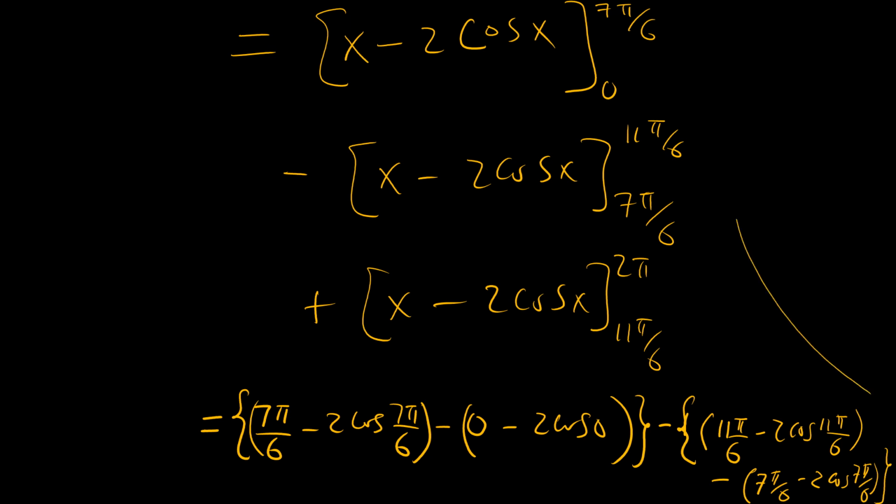Maybe let's bring it up here. Plus 2 pi minus 2 cosine 2 pi, minus 11 pi over 6 minus 2 cosine 11 pi over 6.